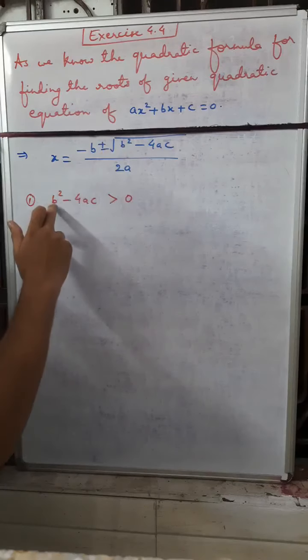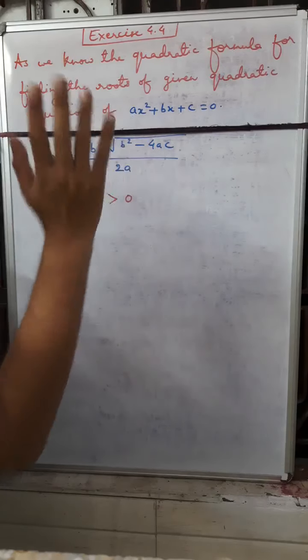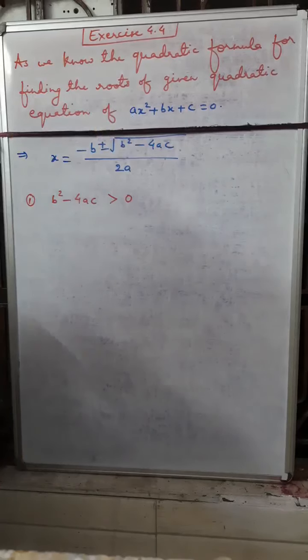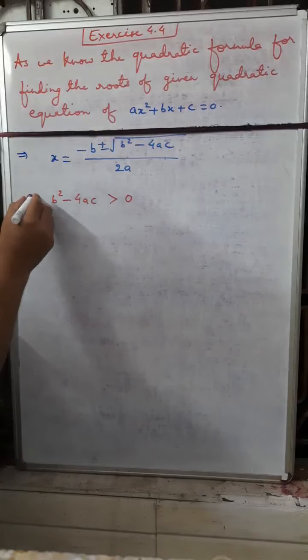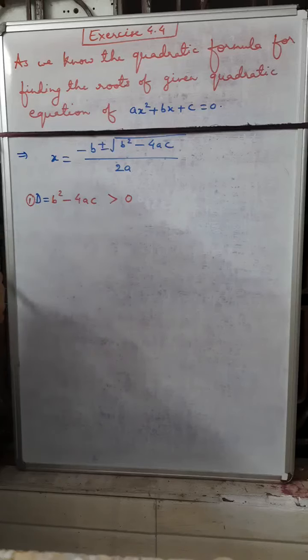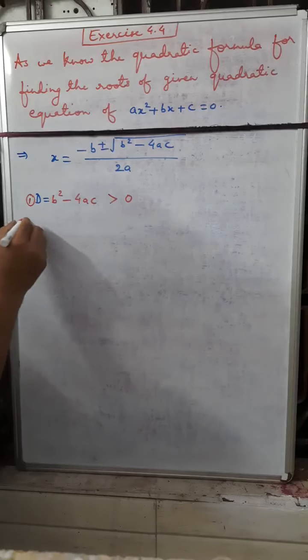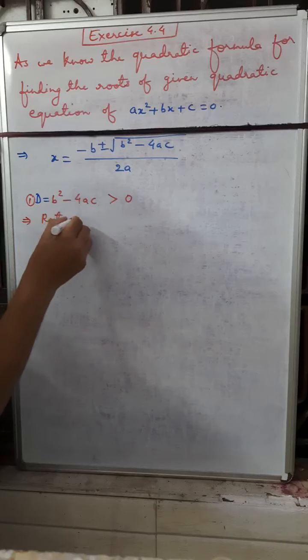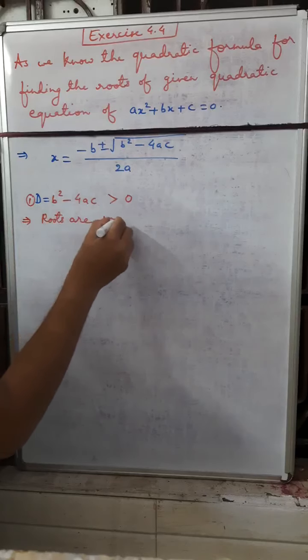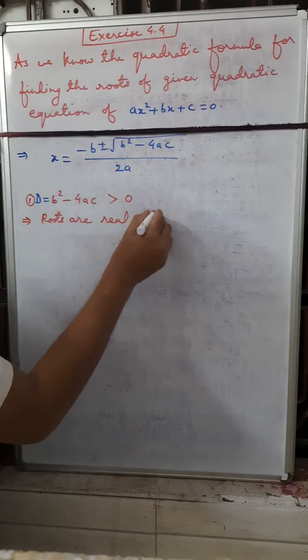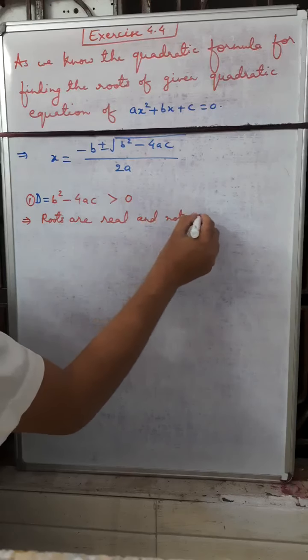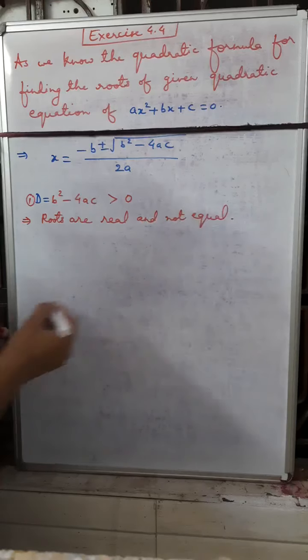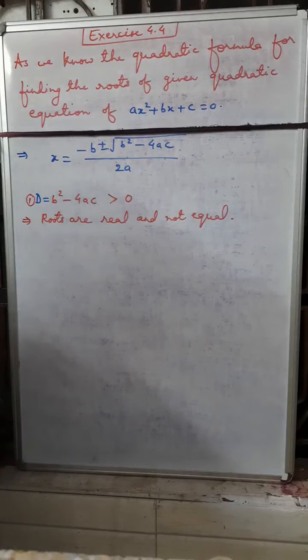The value of b square minus 4ac is called D. So when b square minus 4ac is greater than 0, the roots are real and not equal.